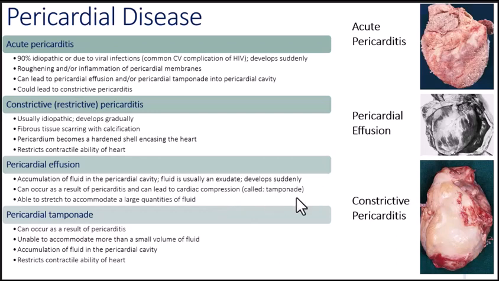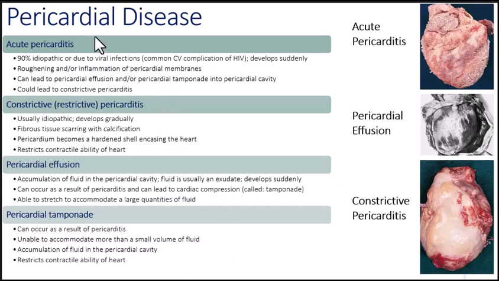So let's talk about tamponade now. Tamponade or pericardial tamponade can result as well from pericarditis, as we talked about before. And with this condition, you're getting so much fluid that builds up so quickly in the pericardial space, it can't be accommodated, and it leads to compression of the heart, which restricts the heart's ability to pump.